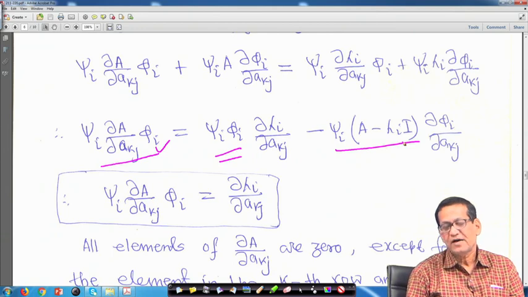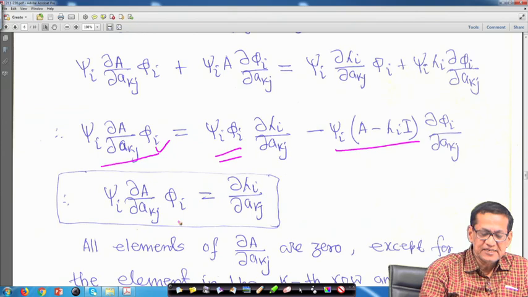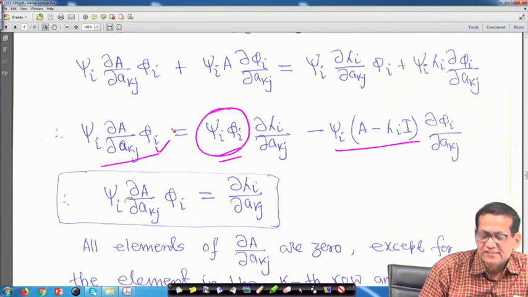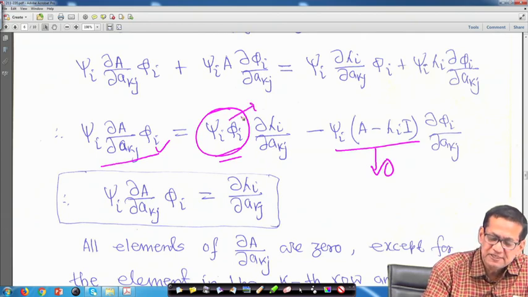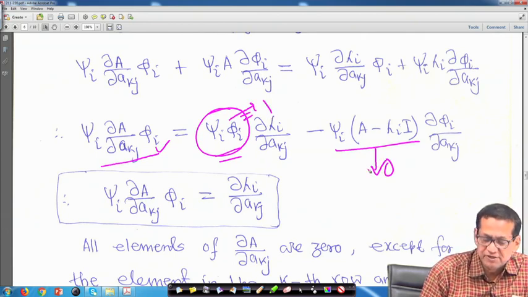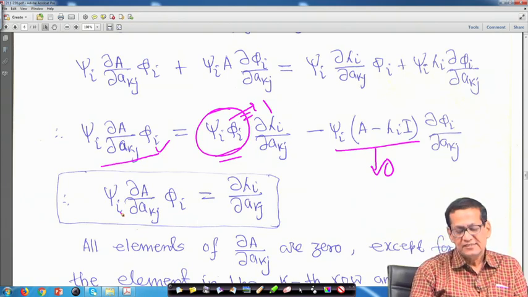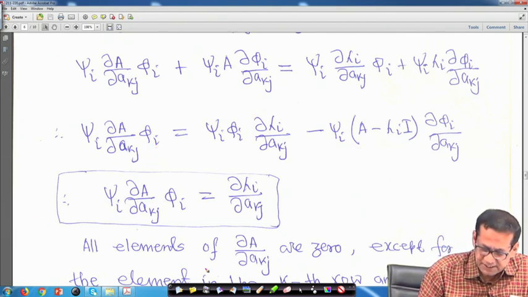Because from the definition we know psi_i phi_i is equal to 1, and psi_i (A minus lambda_i I) is 0. Therefore, psi_i delta A upon delta a_kj phi_i is equal to delta lambda_i upon delta a_kj. Now, let me clear it.